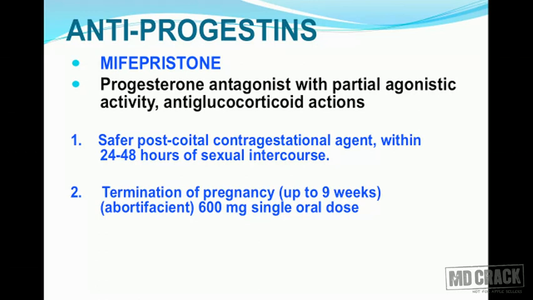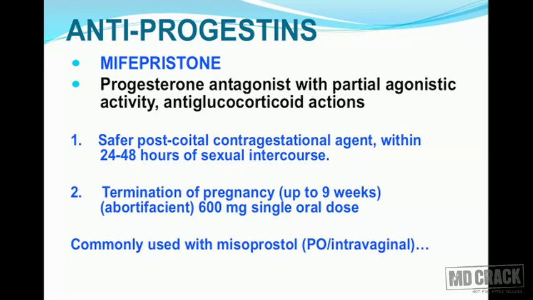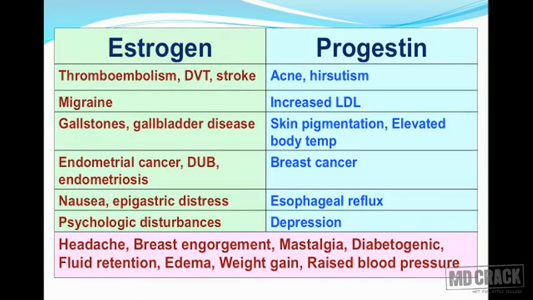So it has this abortifacient effect, and it's used in a 600 milligram single oral dose. Mifepristone is really a promise amongst the anti-progestins. It's commonly used with misoprostol by oral route or by intravaginal route of administration.